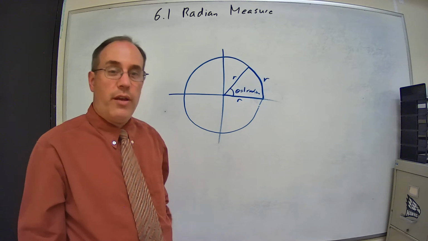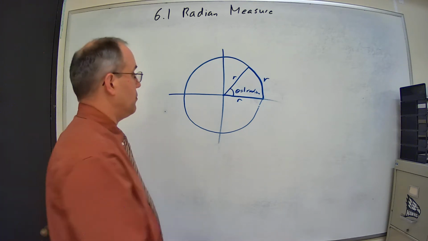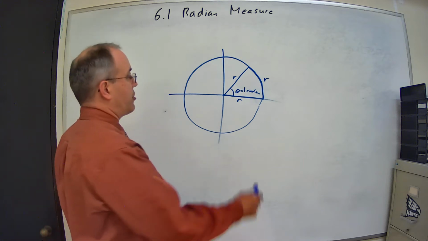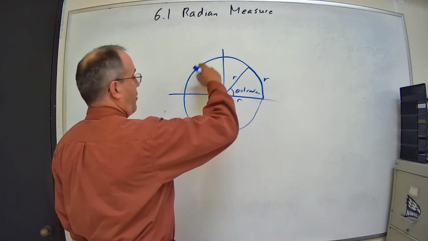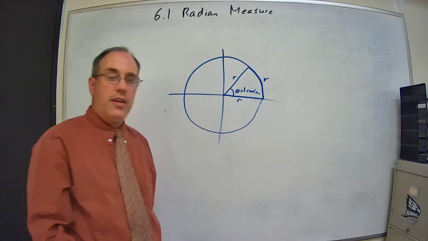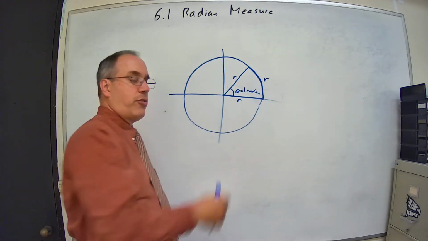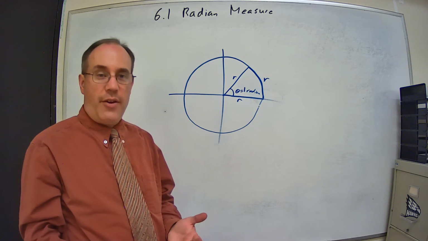So that's 1 radian, the angle that creates that. So if we were to go 2r around the circle, that would be 2 radians. If we were to go 3r around the circle, 3 radians, etc.